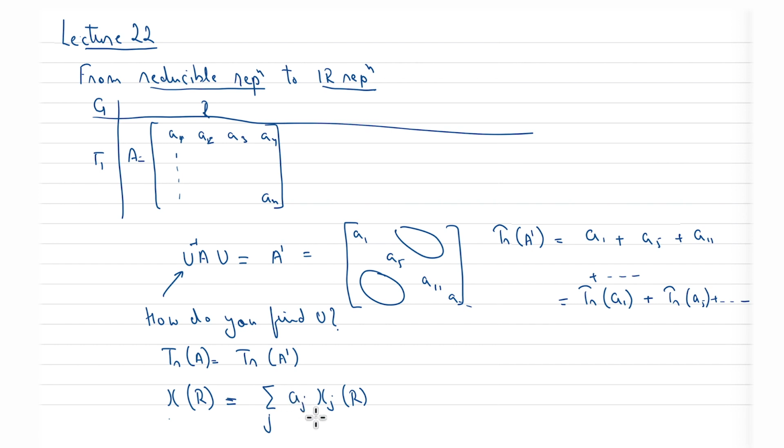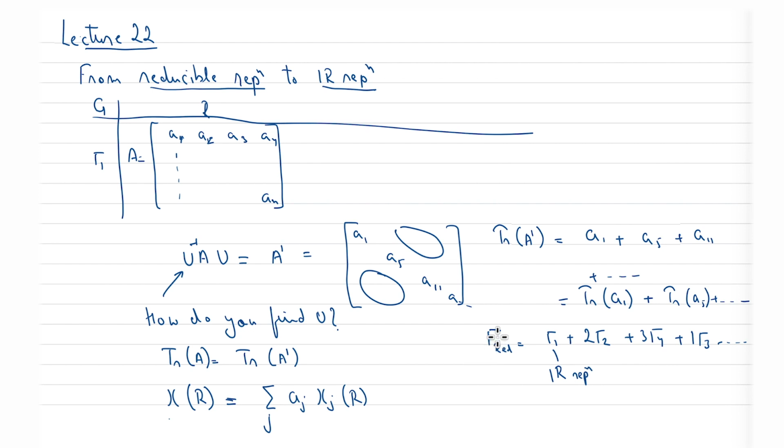Now this is a linear combination. The same number can appear twice here. What I mean is that a reducible tau can be tau 1 plus 2 tau 2 plus 3 tau 4 plus 1 tau 3 and so on, right? These are the individual IR representations.